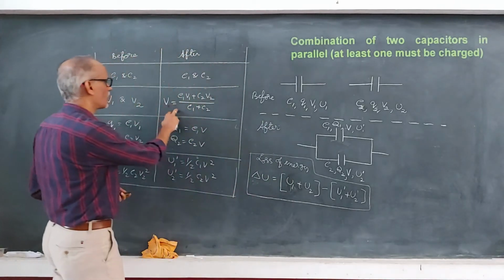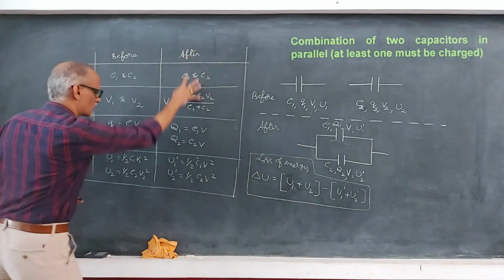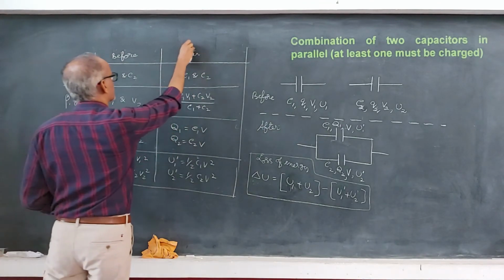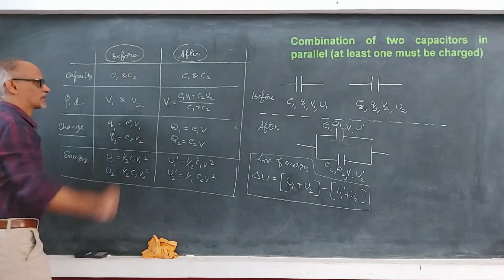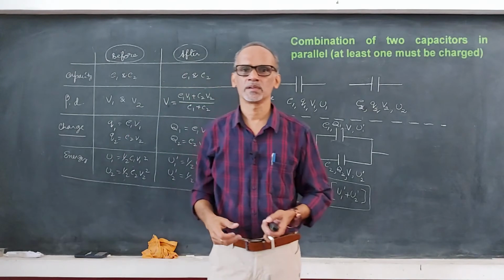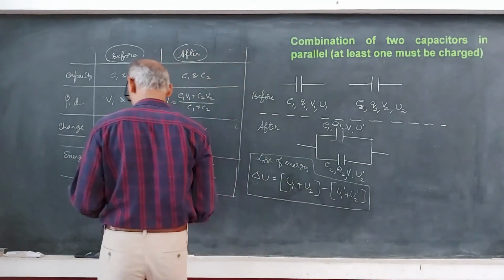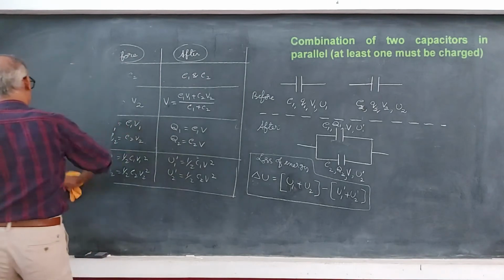This is called the common potential, which is attained after they are connected in parallel. These are the formulas to be used after they are connected in parallel, and these are the formulas to be used before. Hope you have understood this. So let's solve a problem based on the equations which I have explained just now.